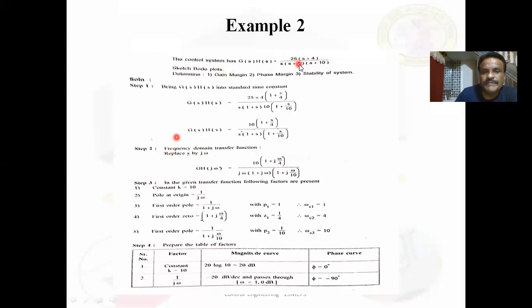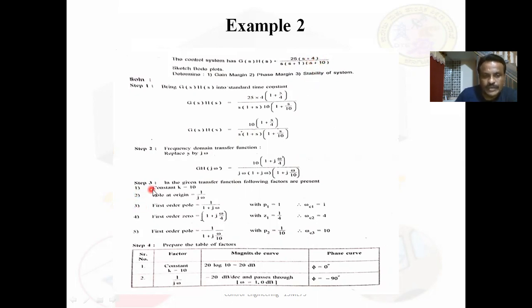We have 5 factors. One is constant K, then a pole at the origin, then a first order pole, a first order zero, and another first order pole.